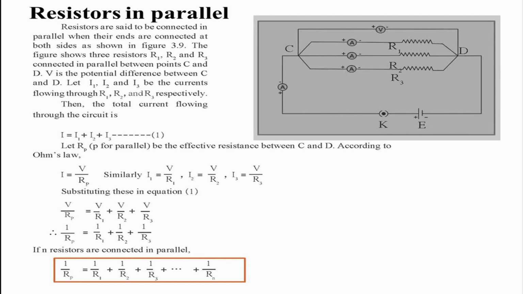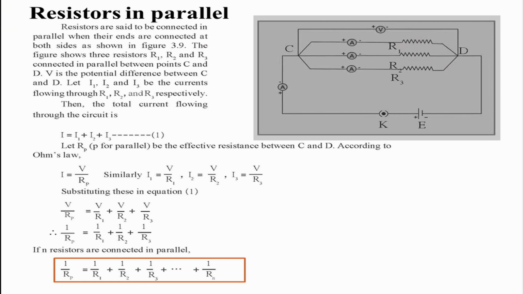So let us go into the next part of the chapter, that is resistors in parallel. We are done with resistors in series. Now we have to move on to resistors in parallel. Students, I want you to look at this figure.